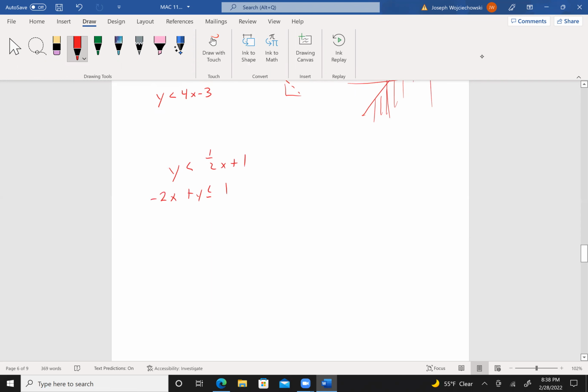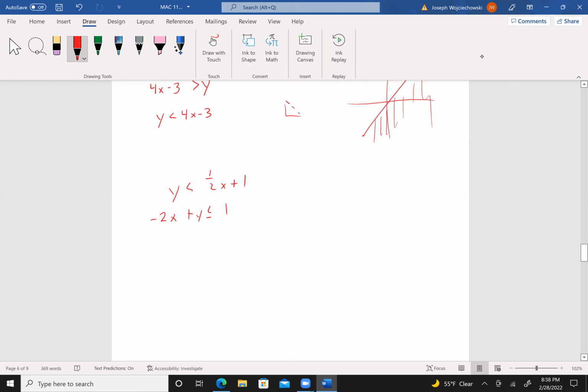So here's how this is done by hand. We take the first one and again change it to equal, keeping in mind it's strictly less than, so we'll use a dotted line when we graph this. Plug in values. x is 0, y is 1; x is 2, y is 2; x is 4, y is 3.